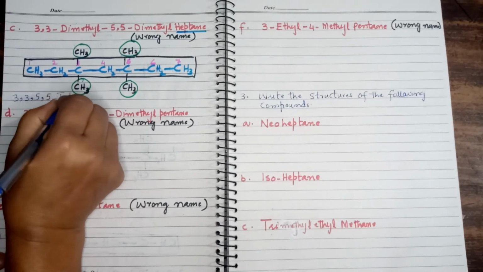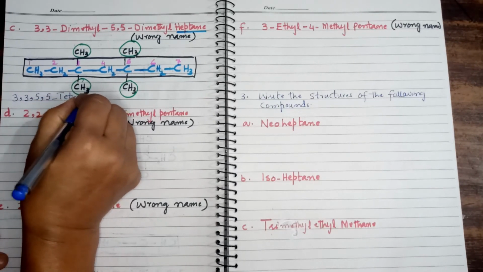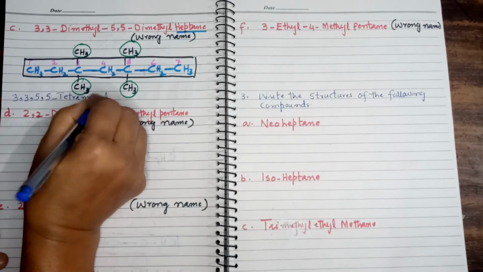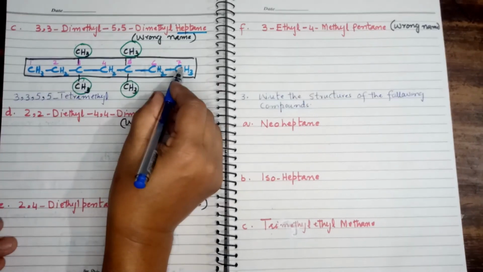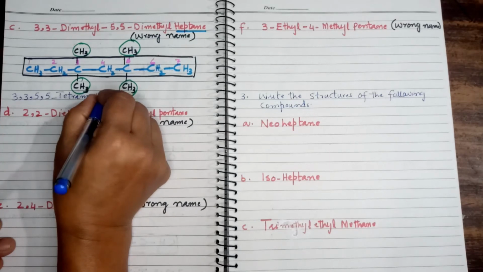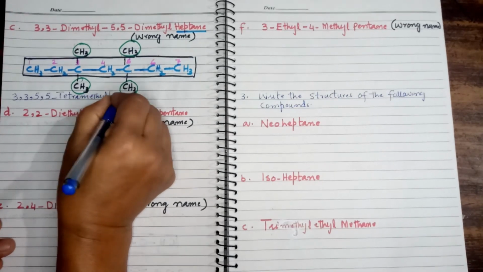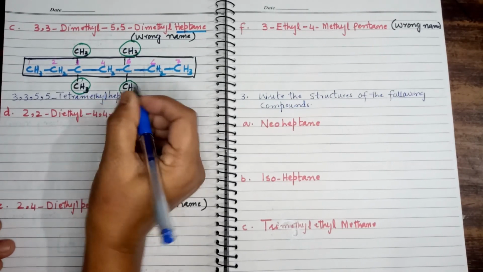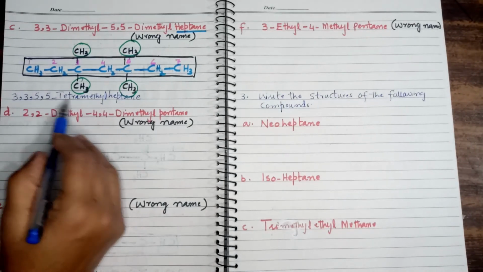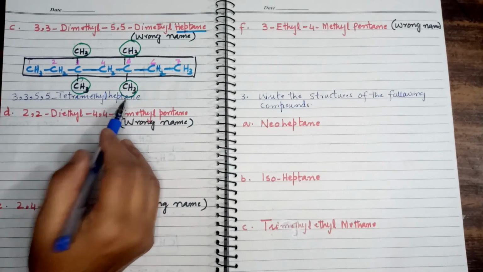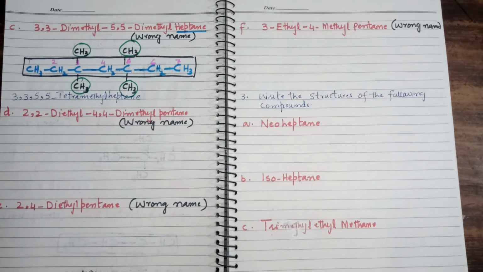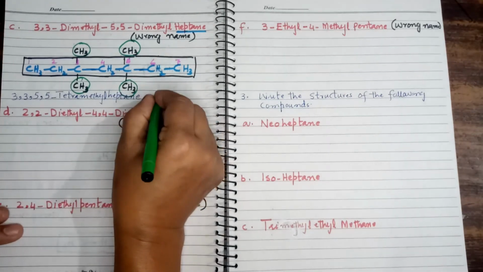Tetramethyl. How many carbon atoms are there in the parent chain? 7. So tetramethyl heptane. 3,3,5,5-tetramethylheptane. This is the correct name of the molecule.